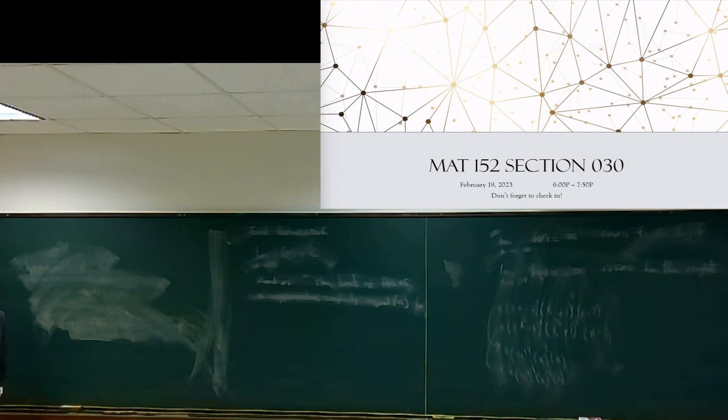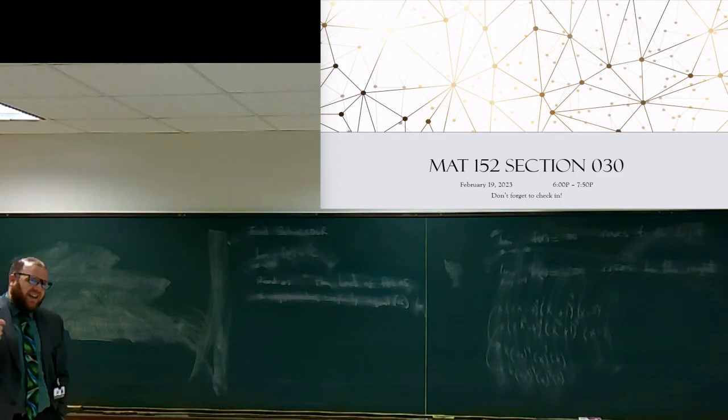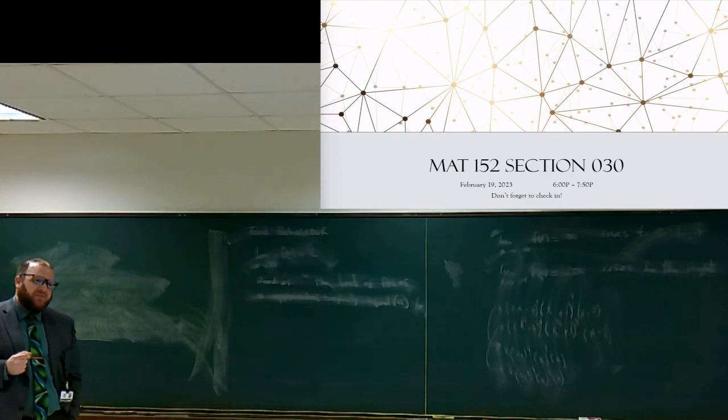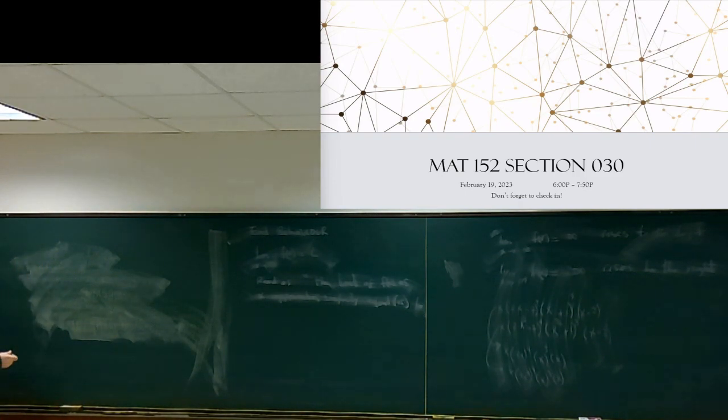Two categories of improper: your interval is infinite, or your integrand has a discontinuity over the interval. And for each of those two categories, you have three cases. We'll start with infinite.